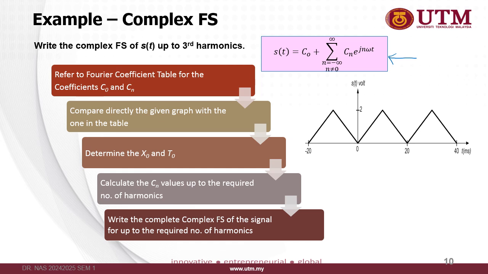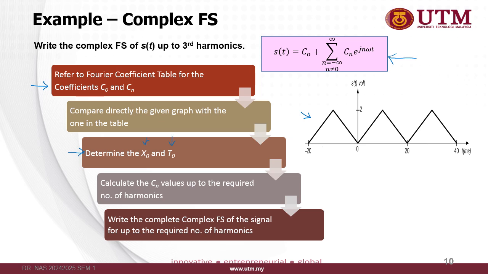So the first step, when you are given a signal, you need to refer to the table for the coefficient values C0 and Cn, and you need to compare the given graph with the graph in the table, and you need to determine all parameters included, for example the x0 and the t0.